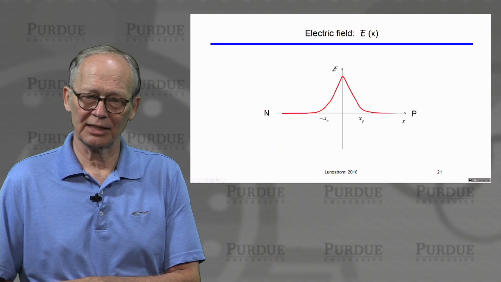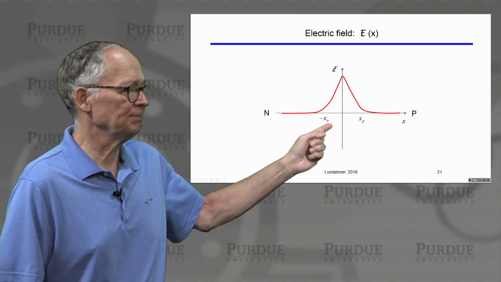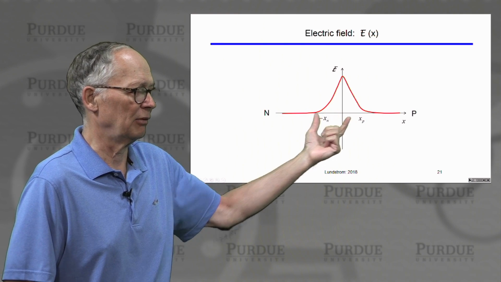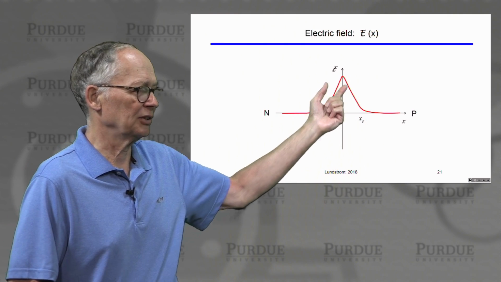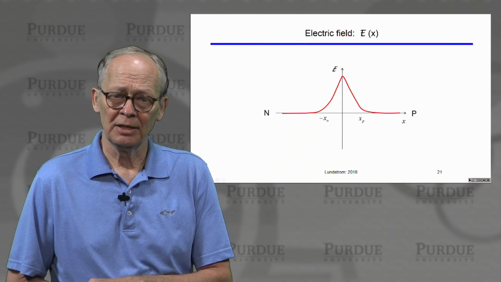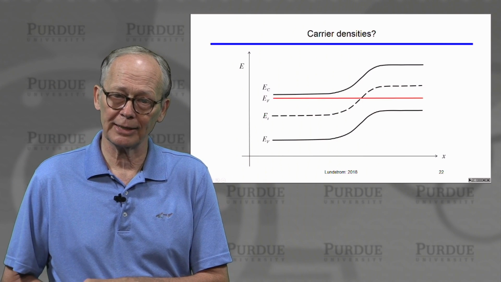So if we sketch that electric field versus position, we will see there's a peak near the junction. There is some transition region right around the junction. The electric field gets stronger and stronger and then drops and gets weaker and weaker. So that's qualitatively what the electric field versus position would look like.